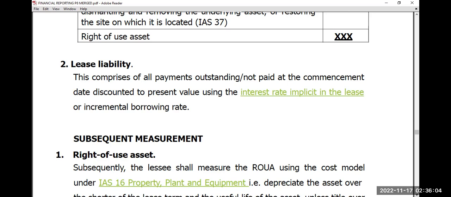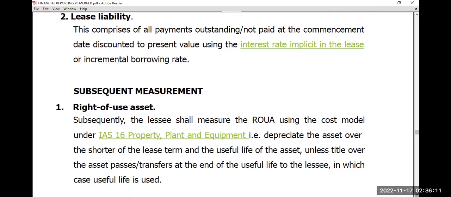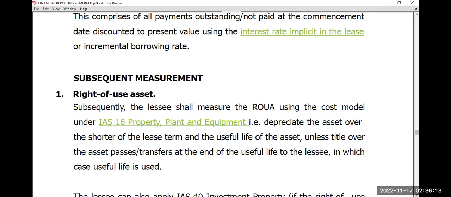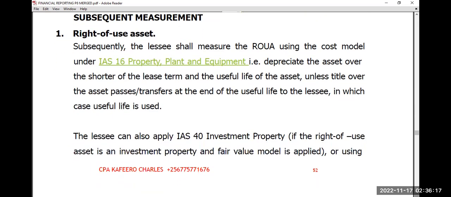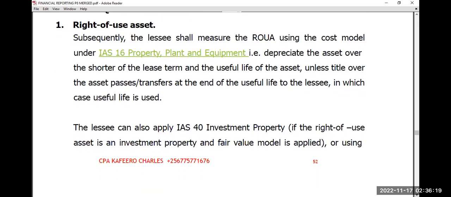So what are the figures that we are going to incorporate in our financials as far as the right of use asset and the lease liability, still in the books of the lessee?